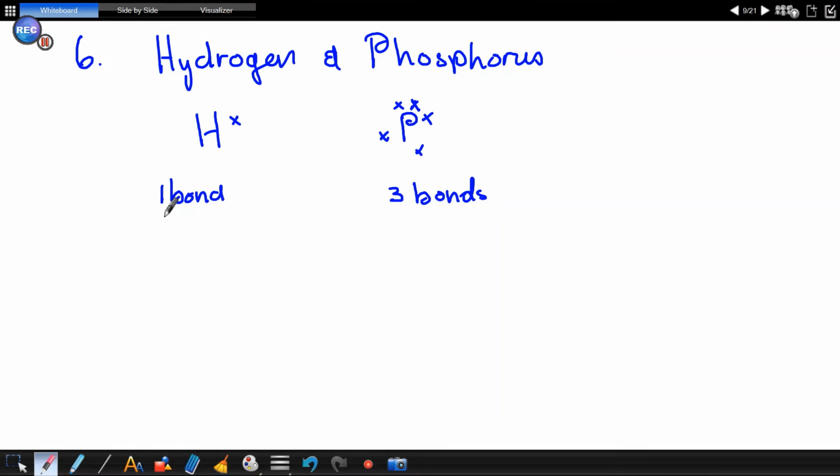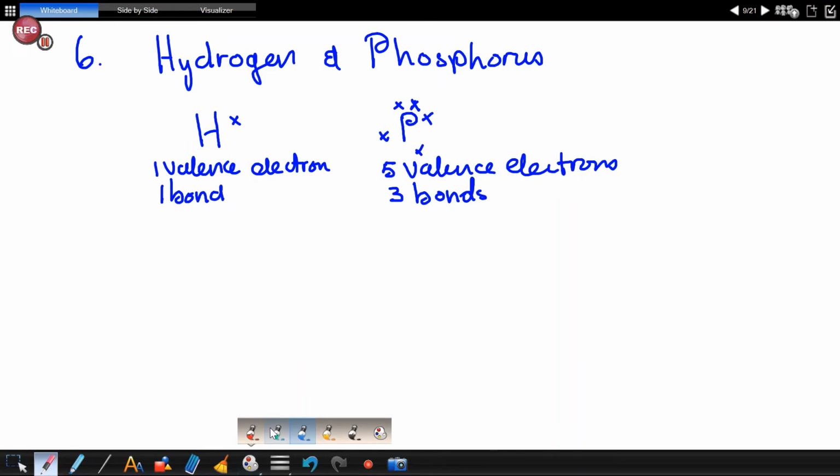So this has got 1 valence electron. That's why it can form 1 bond, and this one has 5 valence electrons. So I need how many hydrogens to form a bond? 3 times hydrogen.